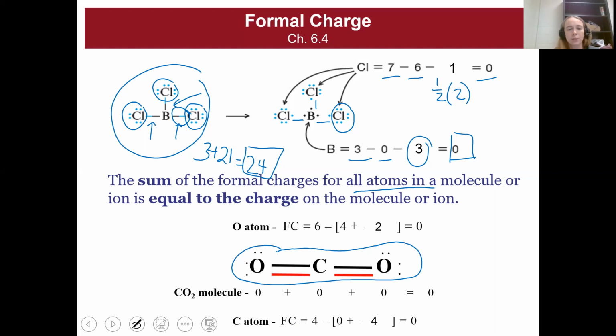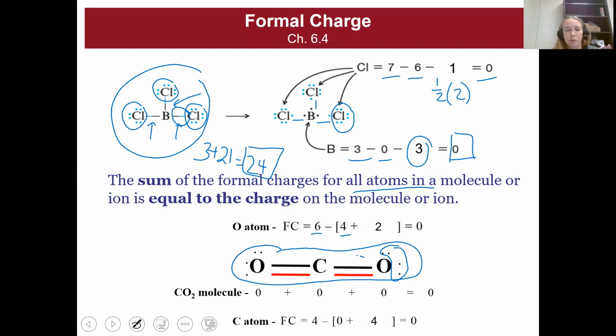So for the 2 oxygen atoms, they have the same bonding, so I'm just going to calculate it once. So we have 6 valence electrons in oxygen, because it's in group 16. We have 4 non-bonding electrons. Just count up the dots. There's 2 lone pairs, so that's 4 non-bonding electrons.